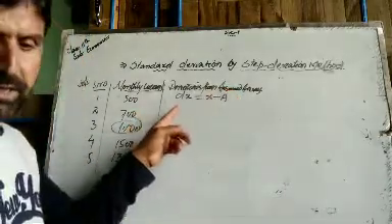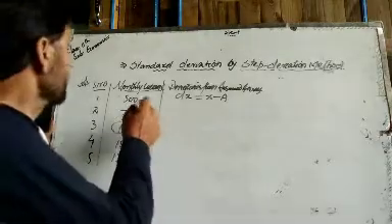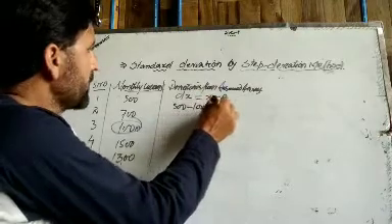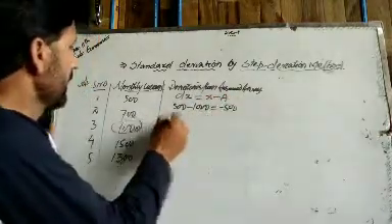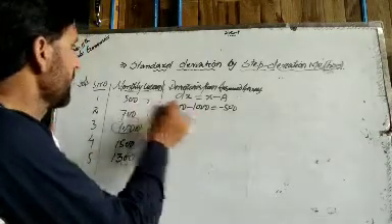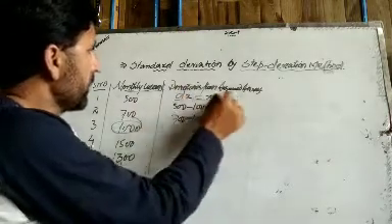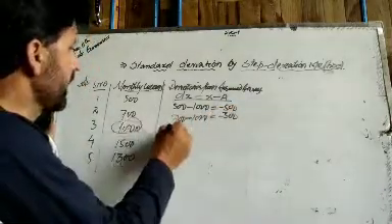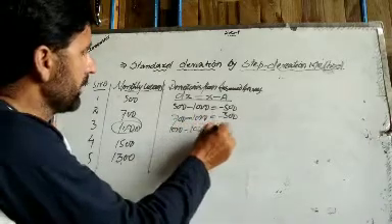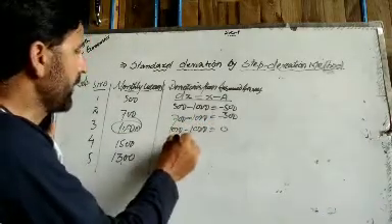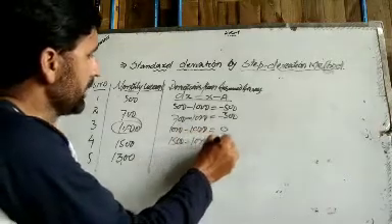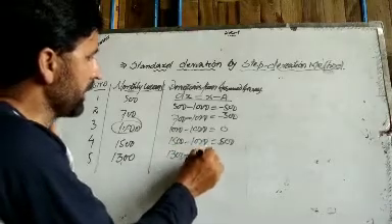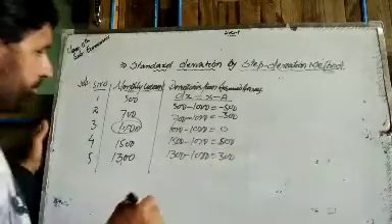Now this x minus a means 500 minus 1000, that is equal to minus 500. 700 minus 1000 is equal to minus 300. 1000 minus 1000 is equal to 0. 1500 minus 1000 is equal to 500. 1300 minus 1000 is equal to 300.